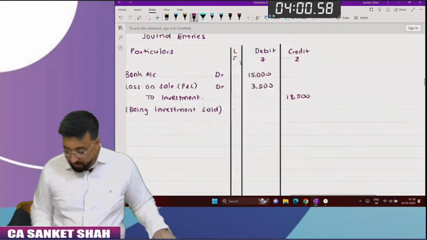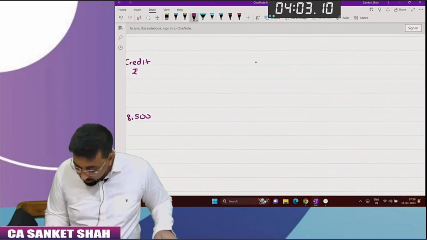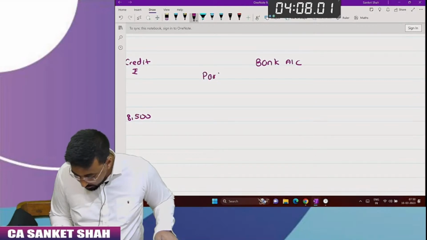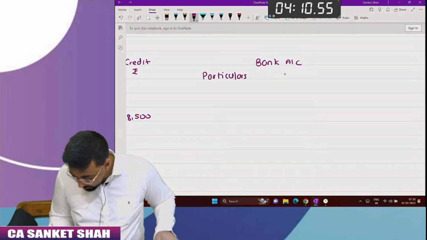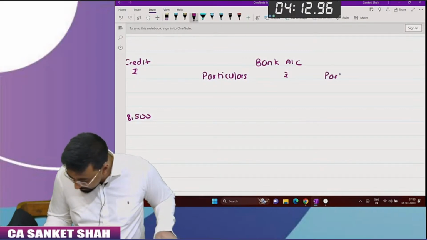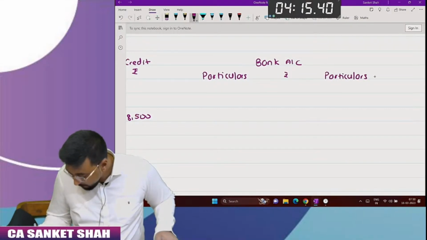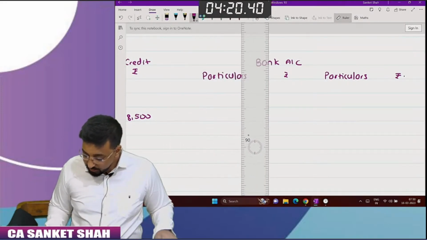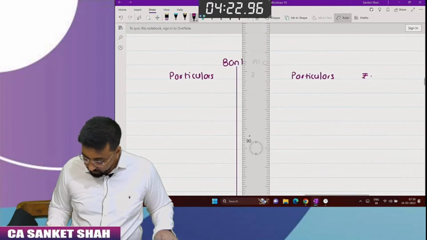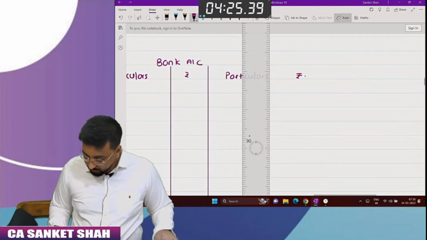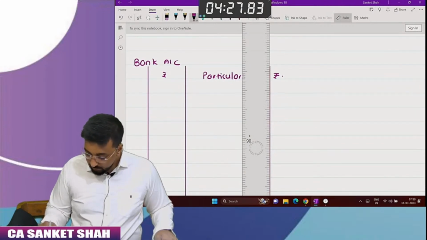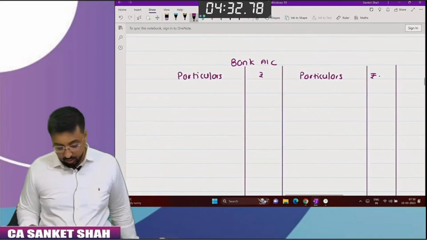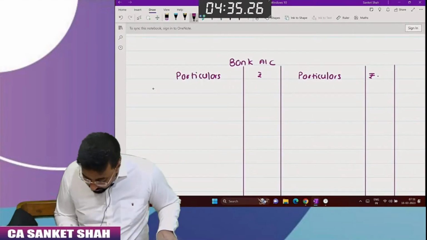Second one. Beta, after one page, draw the bank account pro forma. We need the bank account. Particulars rupees, particulars rupees. Chalo, write: to balance brought down.